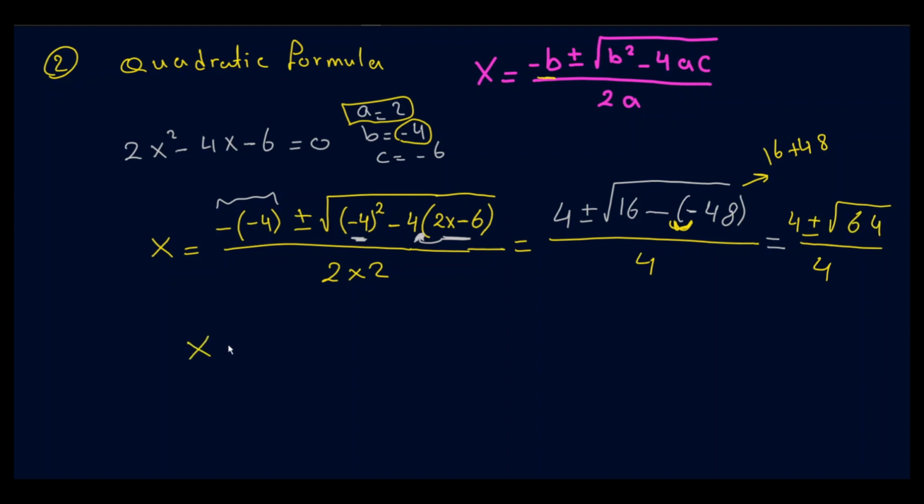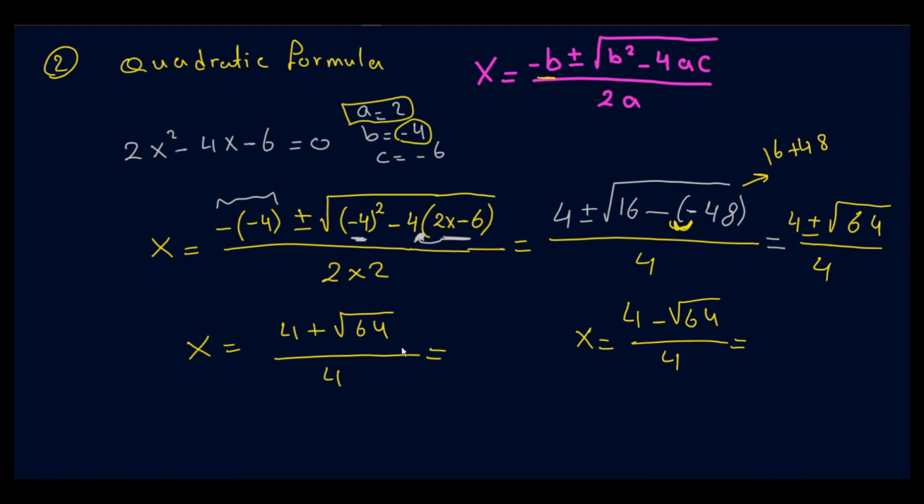So x will be equal to 4 plus the square root of 64 over 4 one time, and 4 minus the square root of 64 over 4 another time. From here we can get one result, and from here we can get the second result.